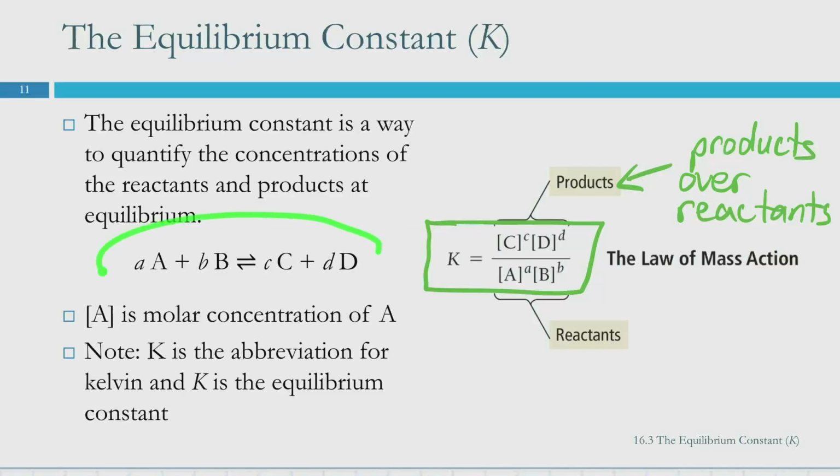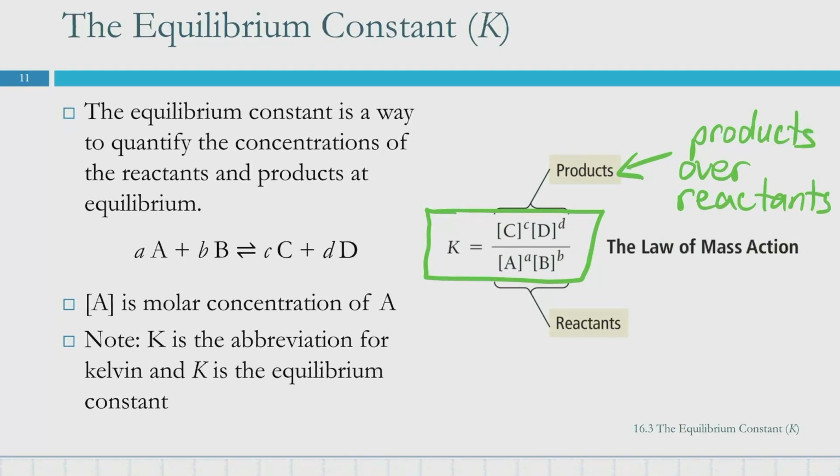So for our generic equation, our concentration of our first product raised to its coefficient as the power times concentration of our other product raised to the coefficient of its power, or whatever. And the same thing for A and B, but on the bottom. And these are molar concentrations.